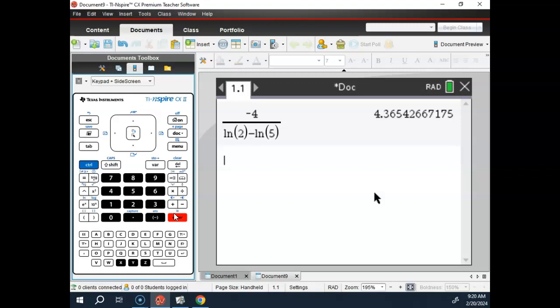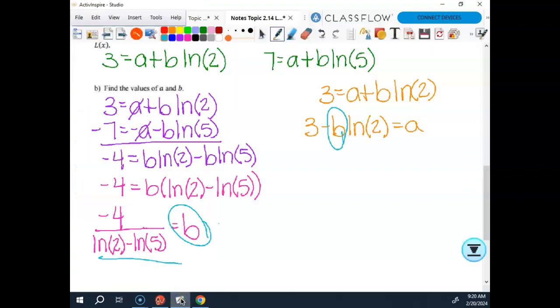Okay. And then I'm going to write down what? 4.365. So B is equal to 4.365. Would I ever in a million years type that back into my calculator? No. Okay, but that is B here.